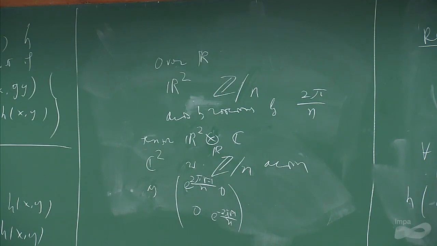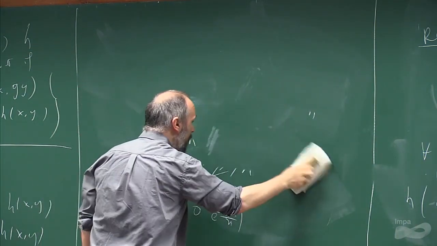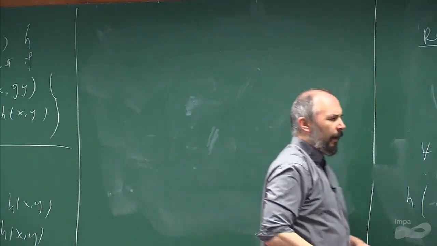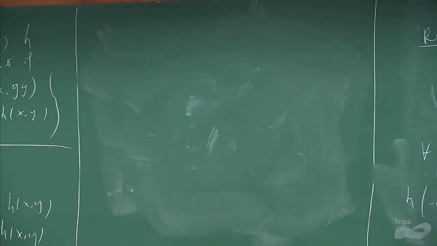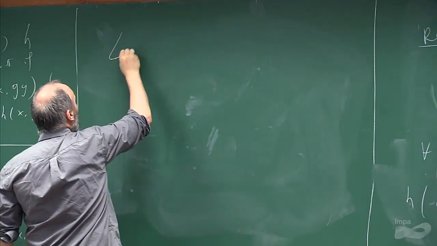Okay. So this was Hermitian forms. Now you have an observation. So it's a lemma.